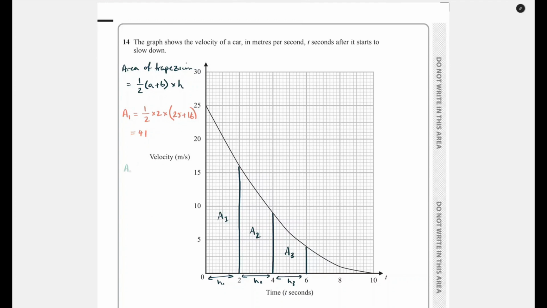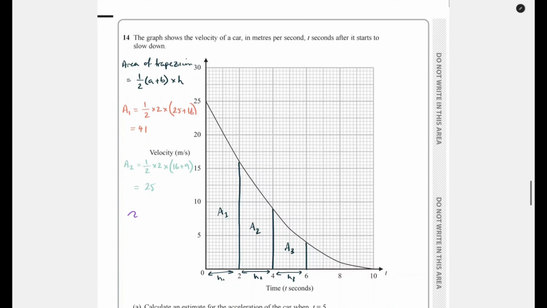We'll do the same thing for area 2. We have half multiplied by H. Now H is the same for all of them, which is 2, times 2 multiplied by A plus B. Now A is going to be 16 and B is 9. If you plug that into our calculator, we get 25. And finally, area 3 is again half multiplied by H, which is 2, multiplied by A, in this case 9, and B is 4.